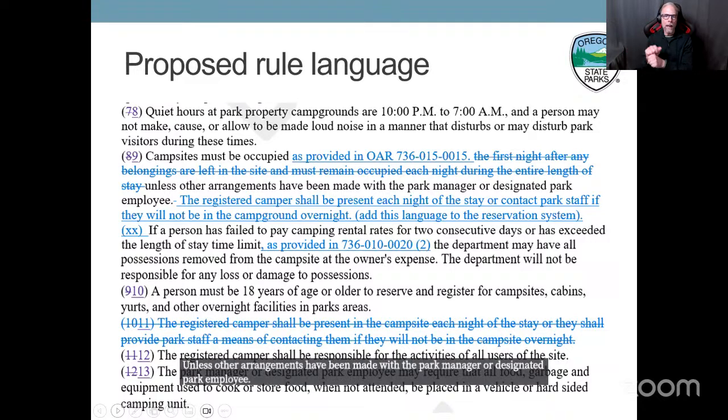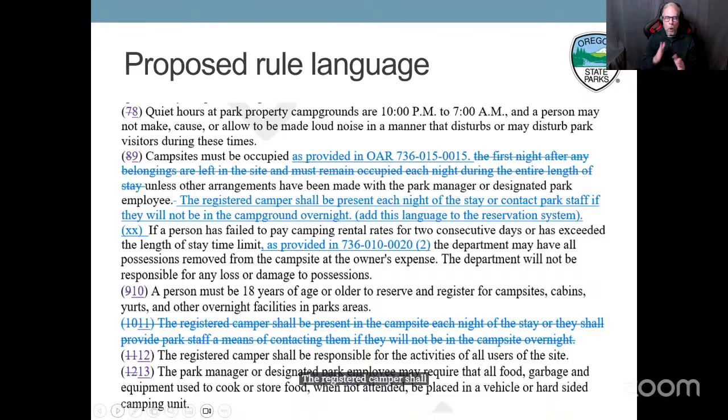The registered camper shall be present each night of the stay or contact park staff if they will not be in the campground overnight. We intend to add this language to the reservation system as well.